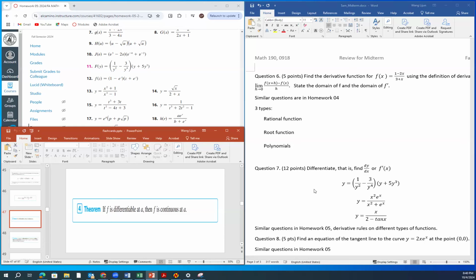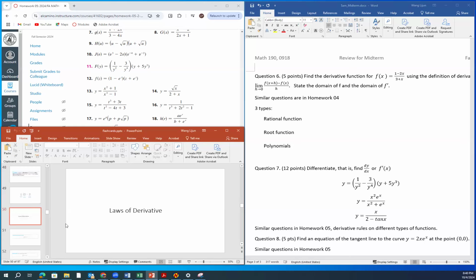The first type is number 7, laws of derivative, because you're going to be dealing with adding, subtracting, multiplying, dividing, product rule, quotient rule, chain rule. And you definitely should know how to do them, right? Laws of derivative.